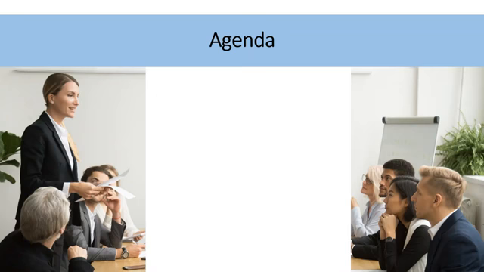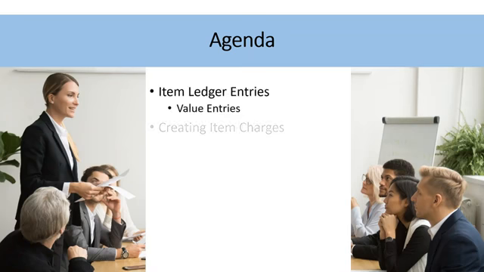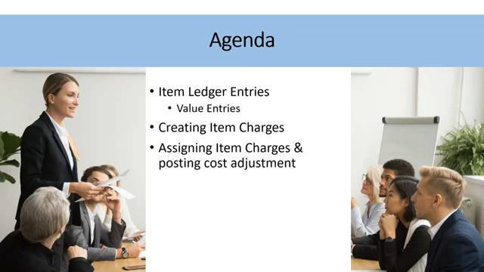So, in today's session, we'll start off by reviewing some of the item ledger entries that are posted for the inventory items I have. And then, as part of that item ledger entries review, we'll take a look at the value entries that have been posted. Then we'll look at what's called item charges. These are what Business Central uses to essentially assign additional charges to various documents.